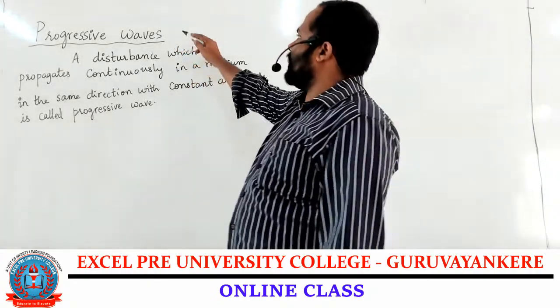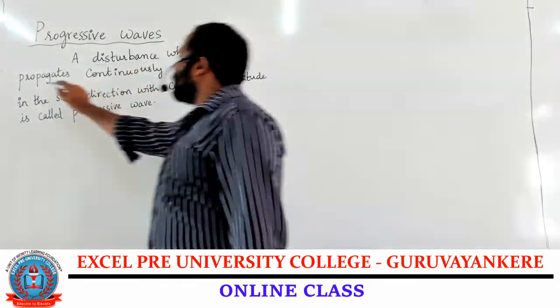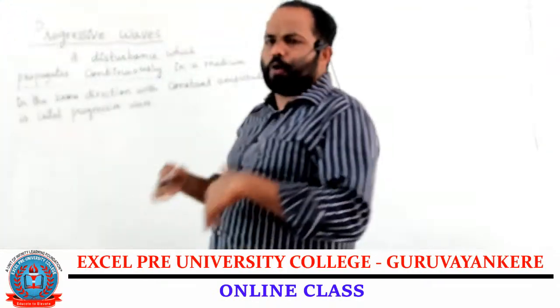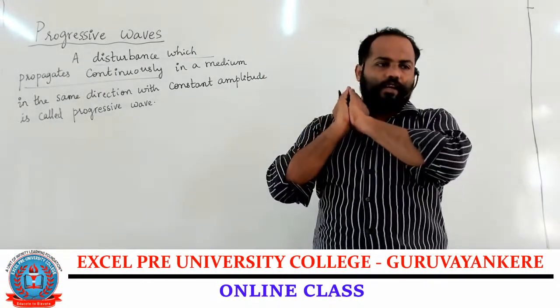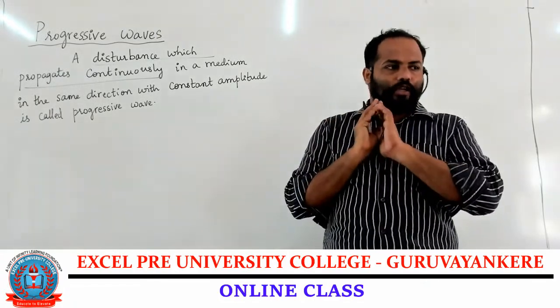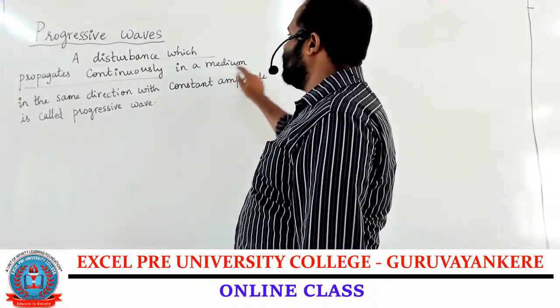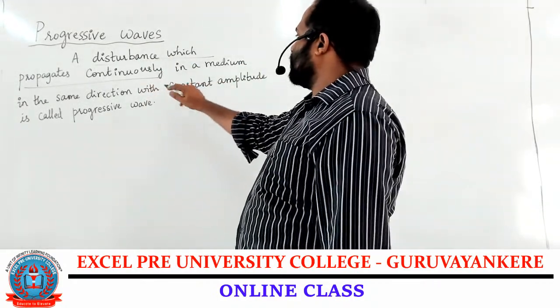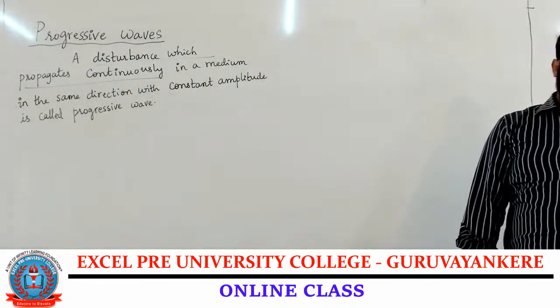Such waves are called progressive waves. It is only giving out energy and they are moving forward. So a disturbance which propagates continuously in a medium in the same direction with constant amplitude is called a progressive wave.